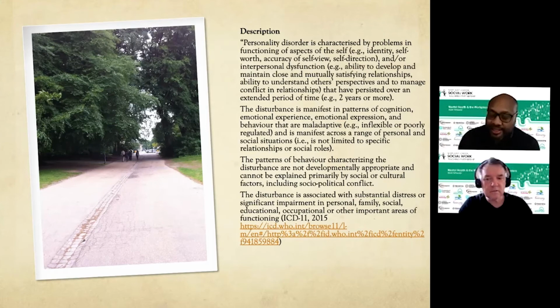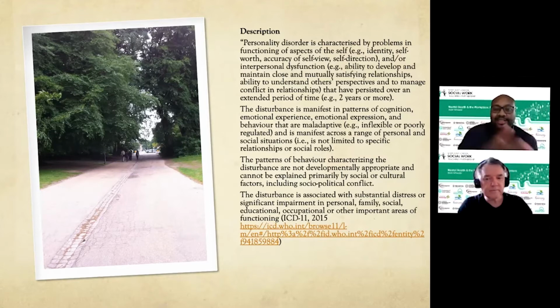Persistence is a key here. The disturbance is manifest in patterns of cognition, so thought, emotional experience, emotional expression, and behavior that are maladaptive, for example inflexible or poorly regulated, okay? And it's manifest across a range of personal and social situations. So again, it's not specific to any relationship or role.